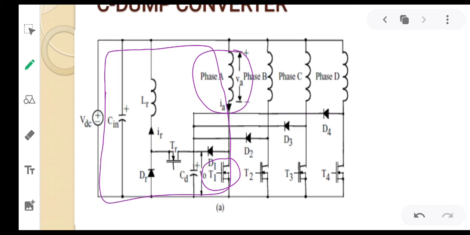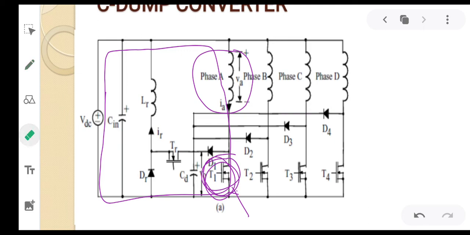Now when T1 is turned off, that is, if you want to de-energize this phase winding A of the switch reluctance motor, and if you want to excite the next phase of the motor, what happens? You have to turn off this switch. Only if you remove this excitation or the triggering to this switch can you excite the next phase. But when you are turning off this switch T1, the energy stored in the phase A has to be discharged.